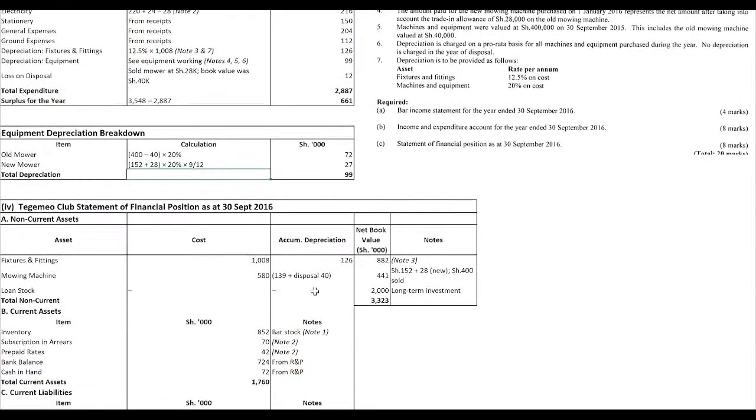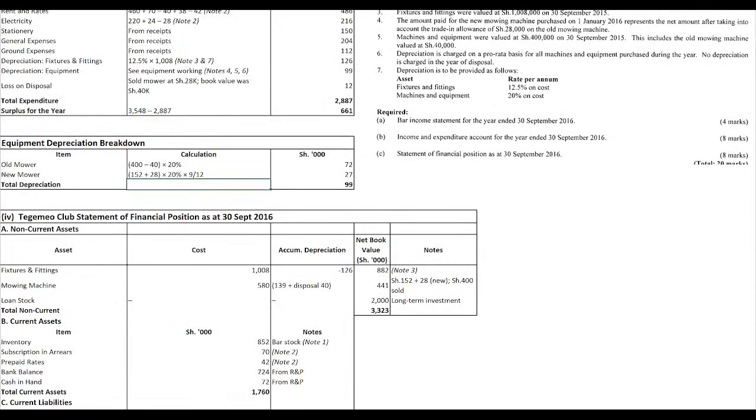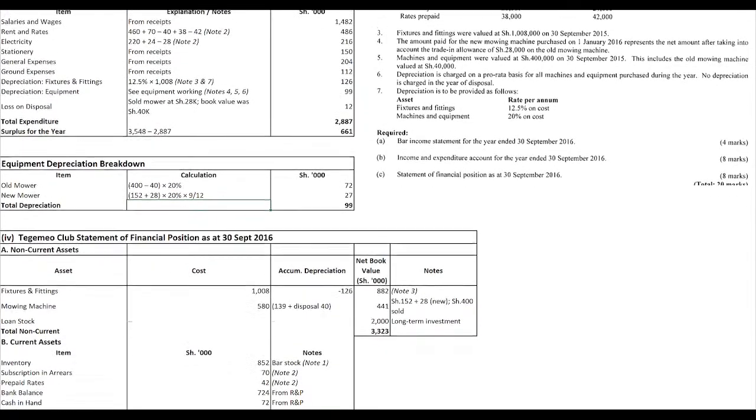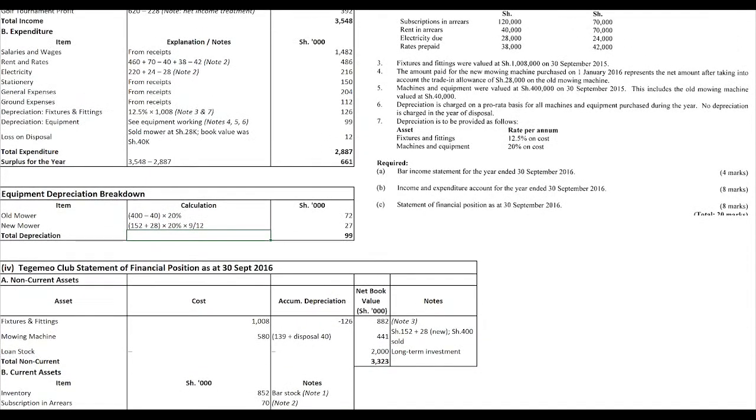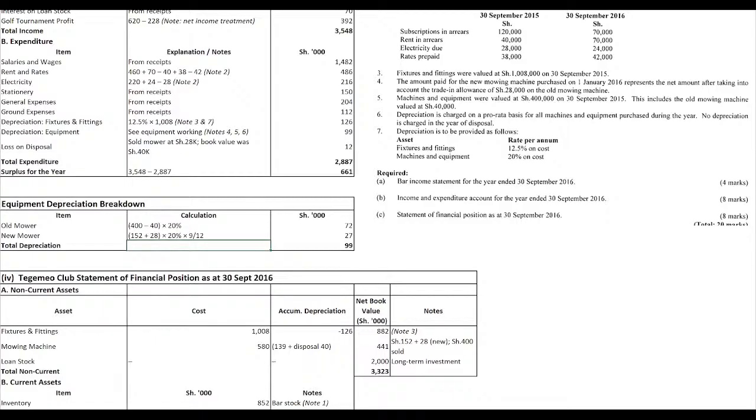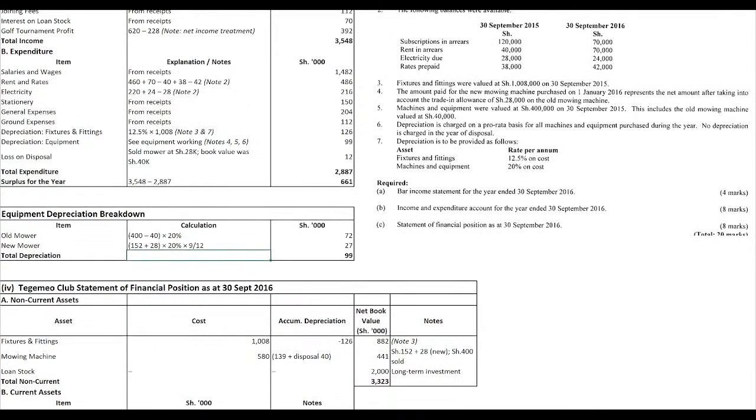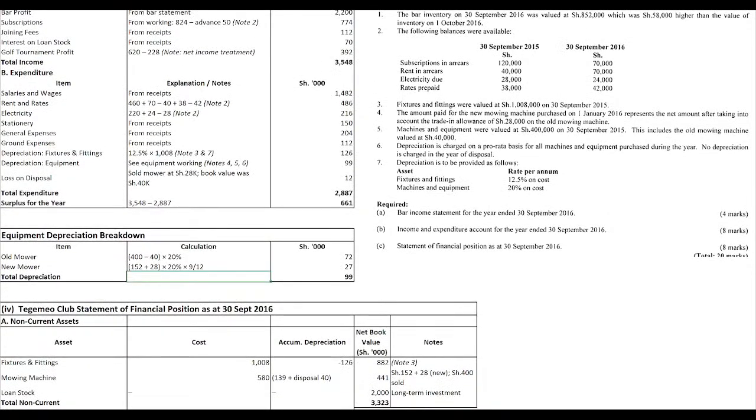So from our furniture and fittings, you have been given a note 3 as 1008. Then you have to subtract the accumulated depreciation, which we have recognized as 126. So let's see that. So total accumulated depreciation, let me find that.